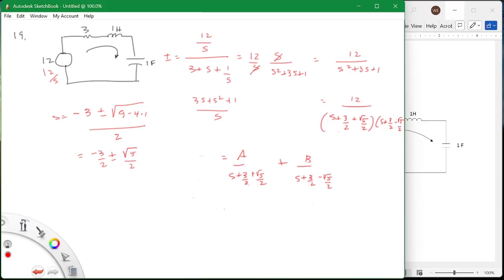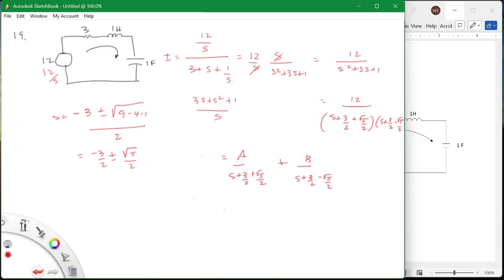So you take 3/2 minus square root of 5 over 2, and that's s plus that, and this is another number. So basically, at this point in time, I would just convert this to a number that you would then put in there, and then find A and B. Okay? So let's do that.